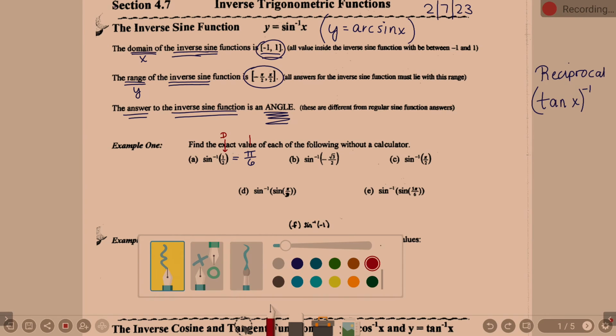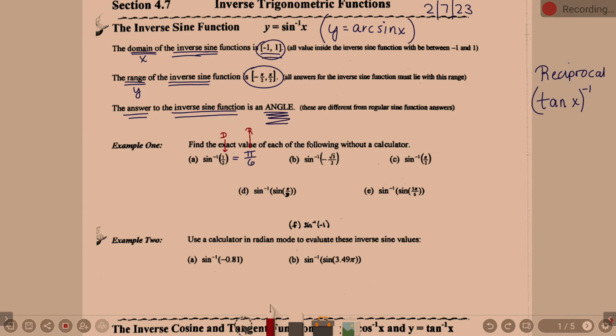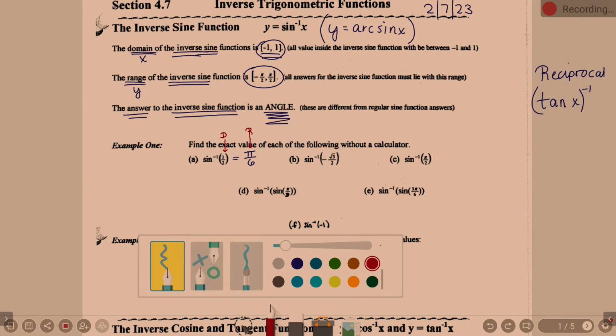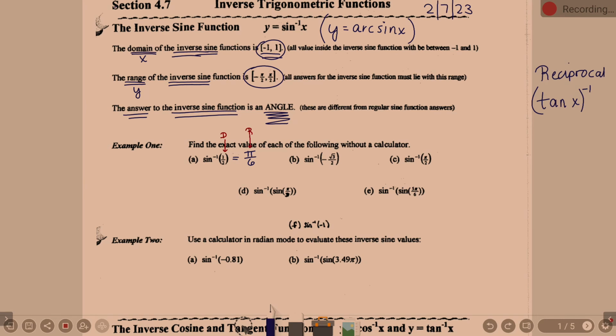And that is going to be my range value. Now, do we agree with pi over 6? And that's because what? You go on the chart, you find sine, you find 1/2, and which angle does that match up with? 30 degrees or pi over 6, yes?